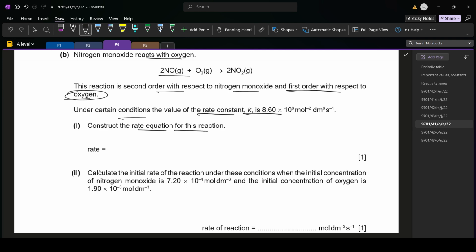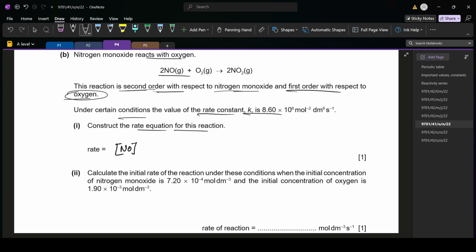So in a rate equation, the concentrations of the reactants are involved. In this description, it told you that this reaction is second order with respect to nitrogen monoxide.